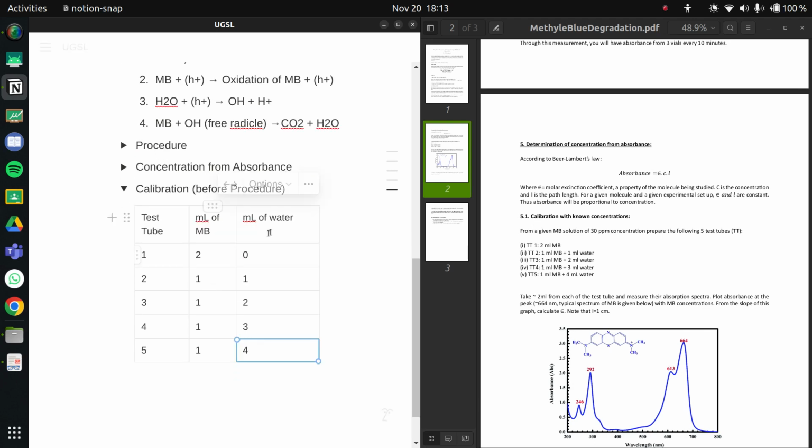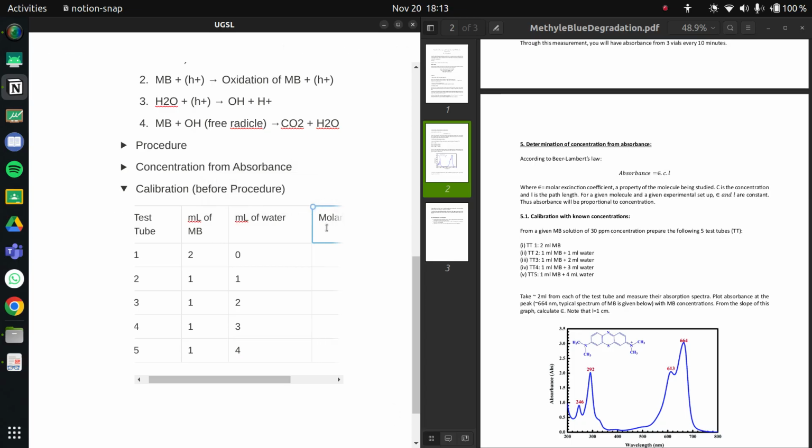Okay, that's amazing. Oh, okay, so it's parts per million, right? So it's 30 ppm.